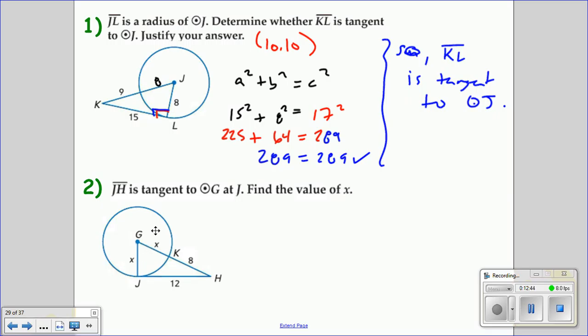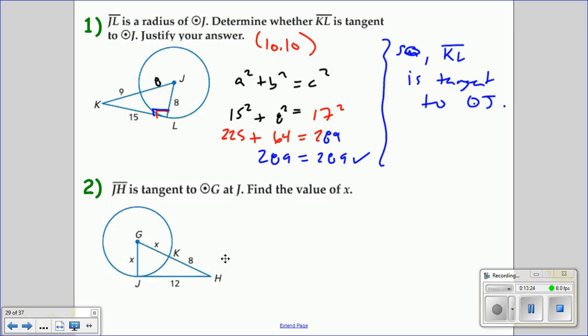So what I can do is, it appears that these two segments are going to be congruent, JH and GH.